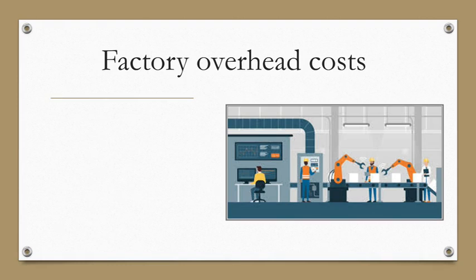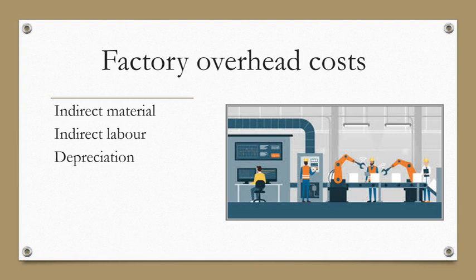Factory overheads, we start with indirect material, in case we forget that, and indirect labor. We've just done that. Indirect material used, but we can't say exactly how much per unit produced. And indirect labor, people working in the factory but not involved in making. They are not paid per item produced.